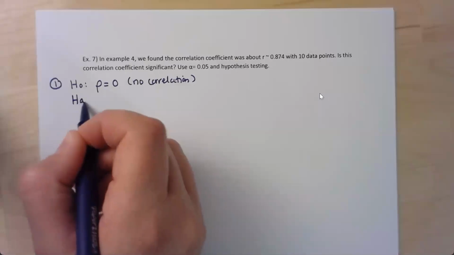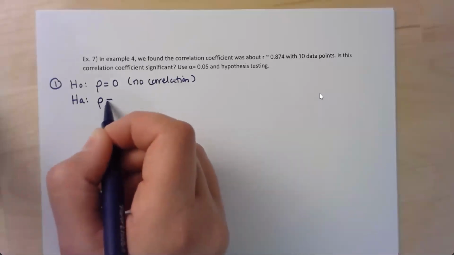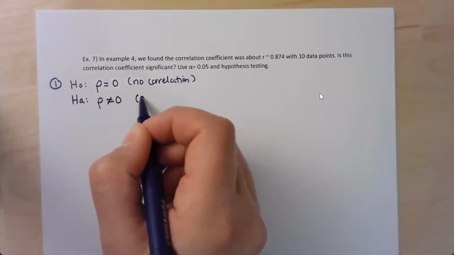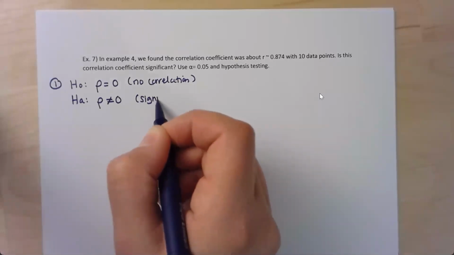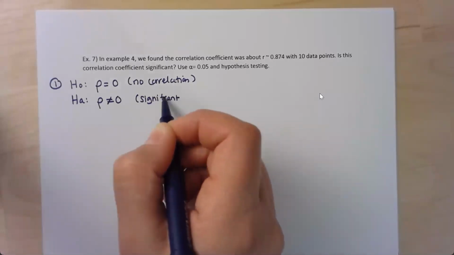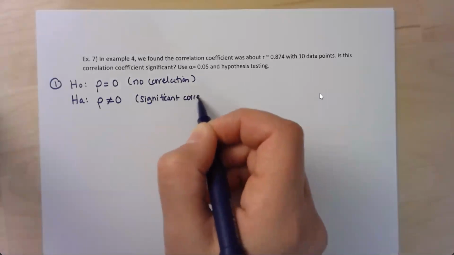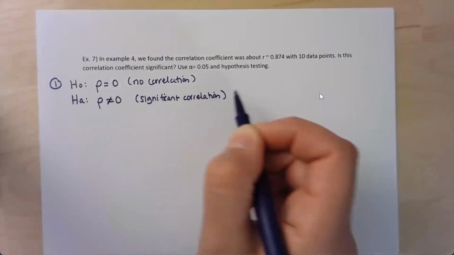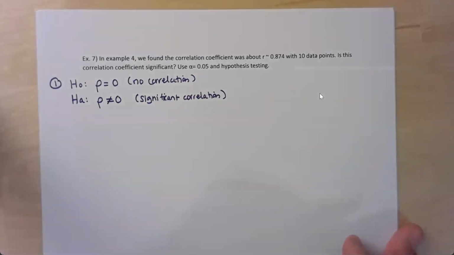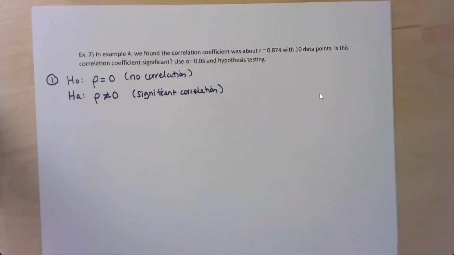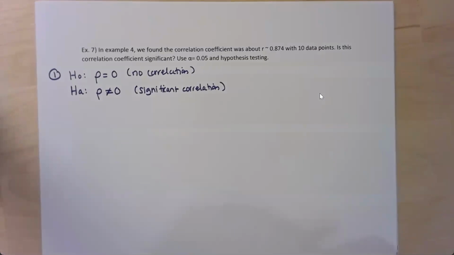And your alternative hypothesis will be that it is not equal to 0, which means that there is significant correlation. And again, for our text, we're just going to stick with a two-tailed test here. So we're just determining if there is significant correlation or not.